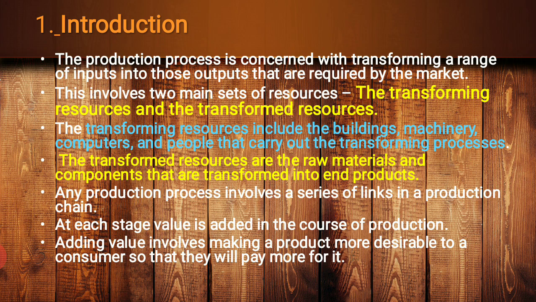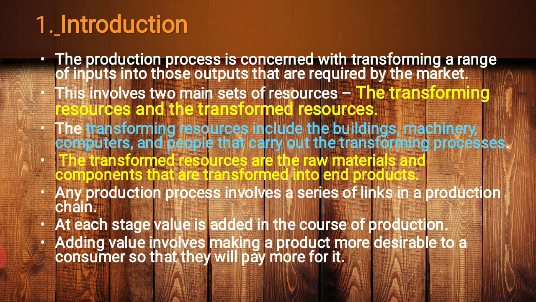Alright, here we are introducing ourselves to production. If anybody now asks you what a production process is, you must be clear that it is the kind of process through which we change the inputs into some kind of required outputs. It involves two things: the transforming resources and the transformed resources.